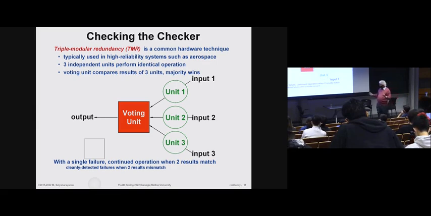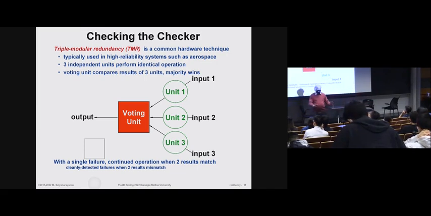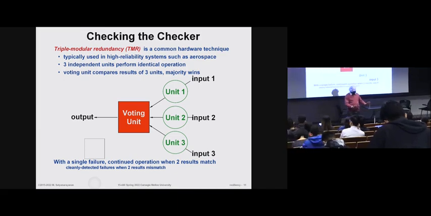Now, on the other hand, suppose these units were built in such a way that they either produce the correct result or they produce no result. Remember, at most once RPC? It had the property that if you ever got a reply back, you were guaranteed it was the correct reply. But sometimes you might not get a reply. You might get a timeout.